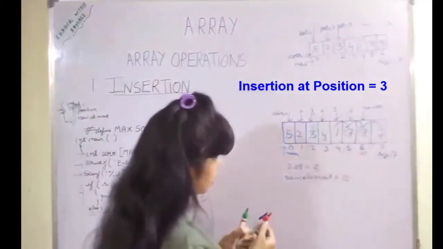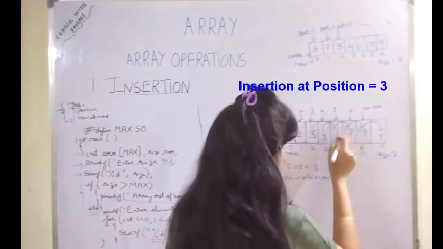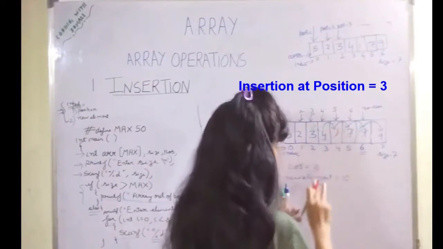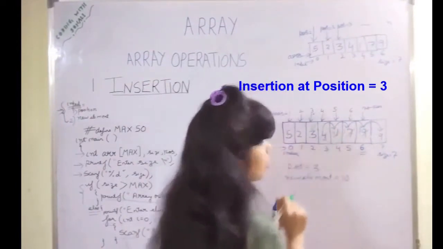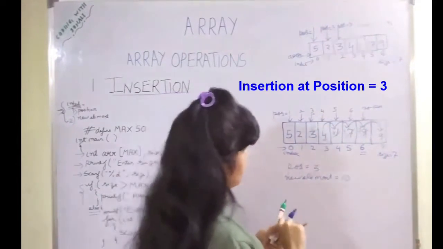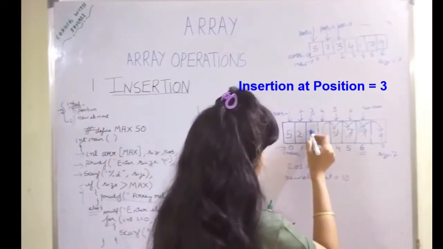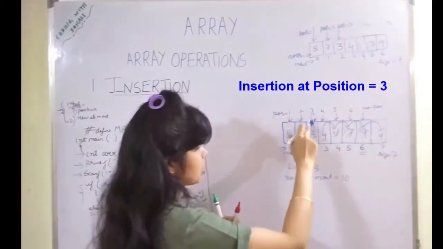Then we will shift this 4 to the next position, so 1 will get replaced by this 4. I hope you are getting it. Then here we are at the position which the user has asked to insert a new element.